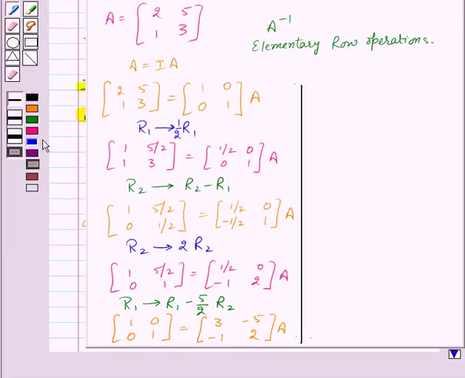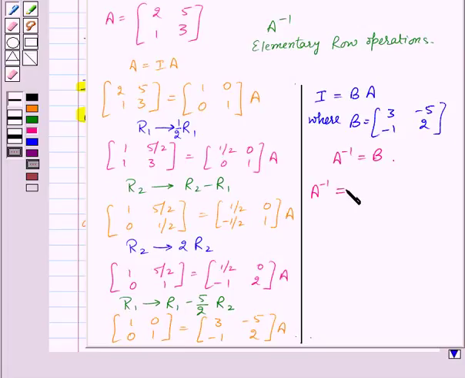So we can say that this is in the form I equal to B into A, where B is the matrix 3 minus 5 minus 1 2, and thus A inverse is given by the matrix B, or we can say that A inverse is the matrix 3 minus 5 minus 1 2.